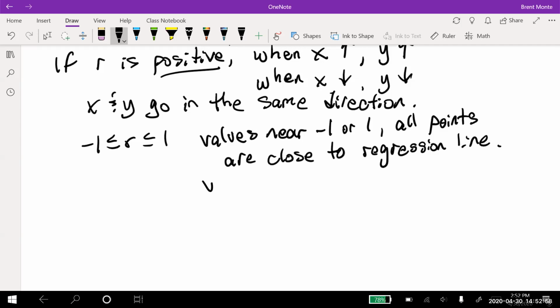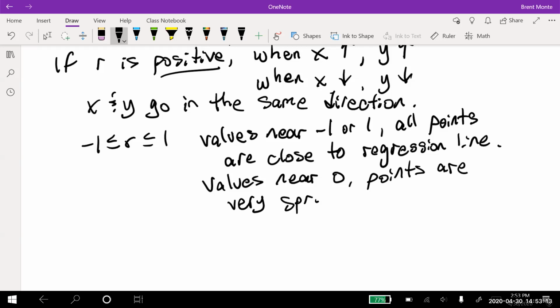We'll put a period there. And then values near 0, points are very spread out. And we'll put in parentheses, nonlinear.